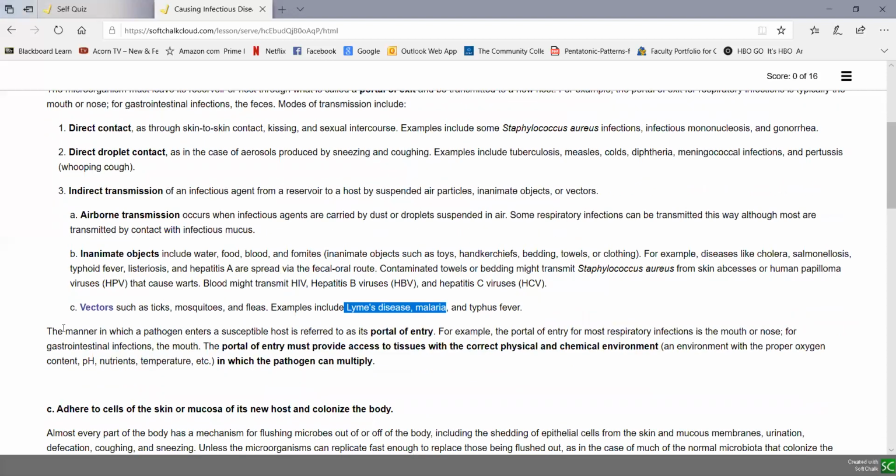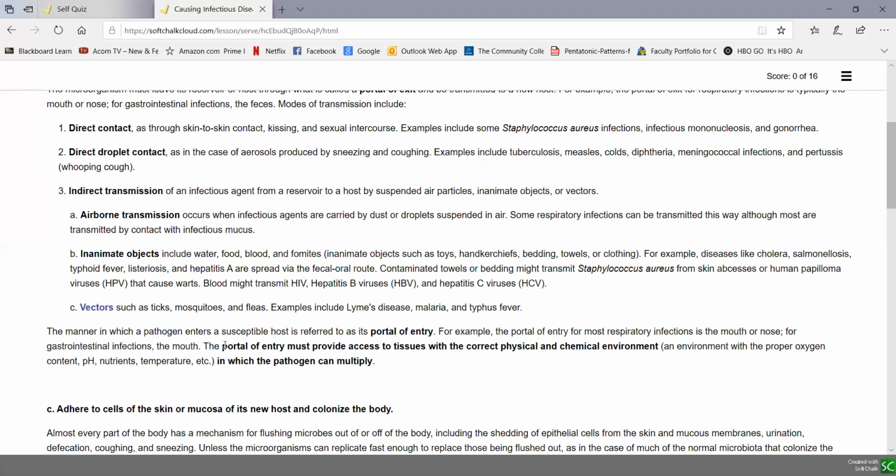And then the manner in which the pathogen enters a susceptible host is the portal of entry. So of course, the portal of entry for most respiratory infections is the mouth or nose. For gastrointestinal infections, the portal of entry is the mouth. But that portal of entry has to do several things besides simply allowing entry of the organism into the body.